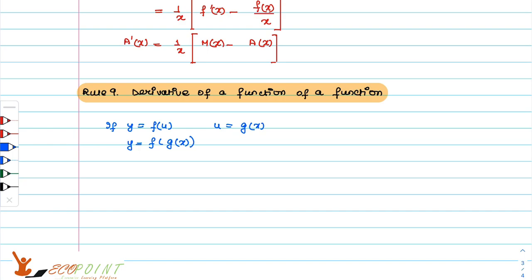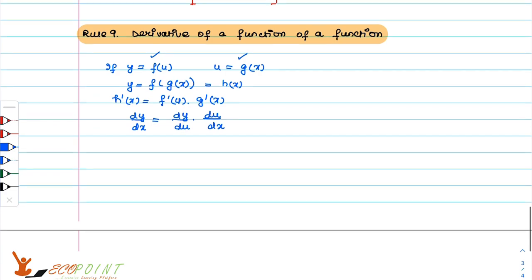Let's say I call this hx. So h dash x would be f dash u into g dash x. Or you can also write it like this, dy by dx. First you differentiate this, dy by du, and then you differentiate this, du by dx, right?